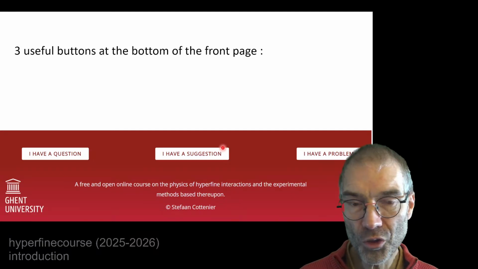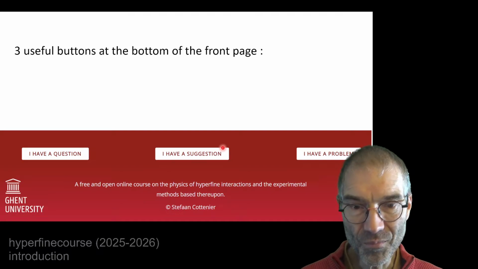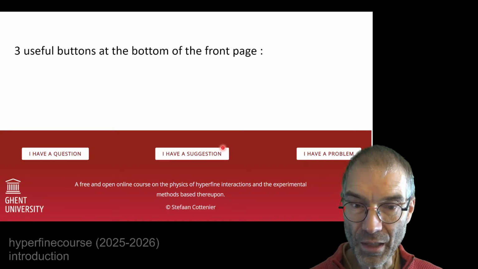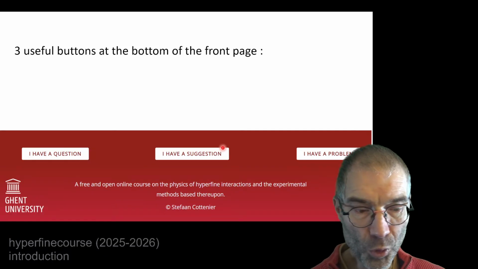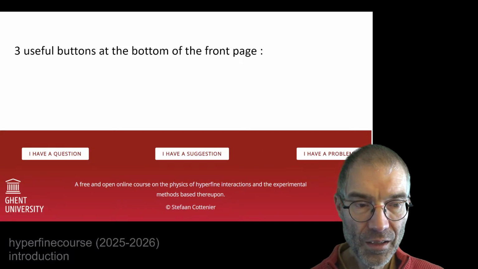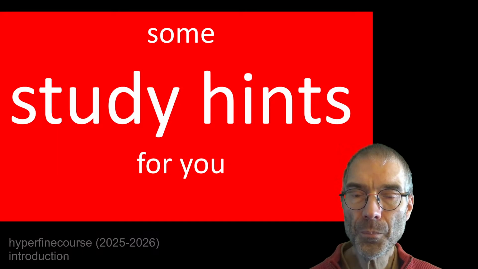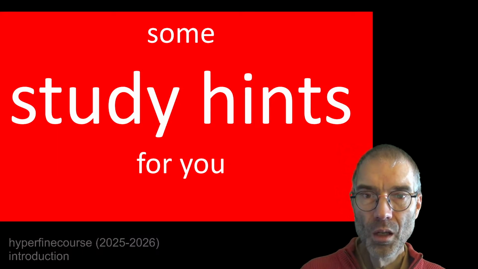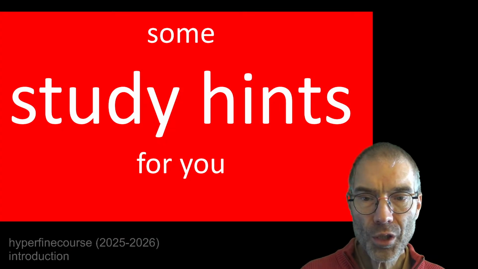All these suggestions you can put there, and regularly the course is revised. I look at these suggestions and see if I can make some modifications here and there, trying to make it better. So that's how the course is structured.